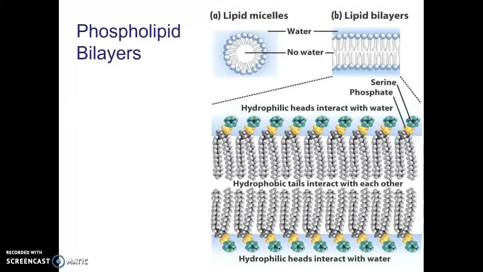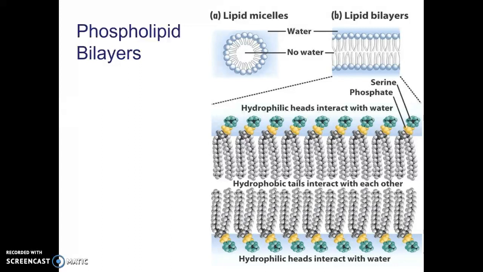There is a way to sequester lipids away from water in a single layer. That's called a lipid micelle, and it's not too hard to create lipid micelles. You just strain phospholipids through a very small hole into water, and you're going to create these very tiny, maybe 50 to 60 microns in diameter, lipid micelles.